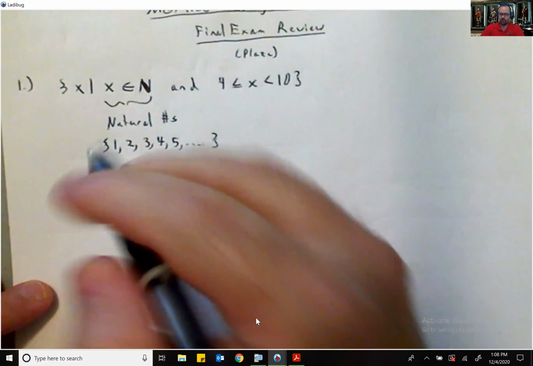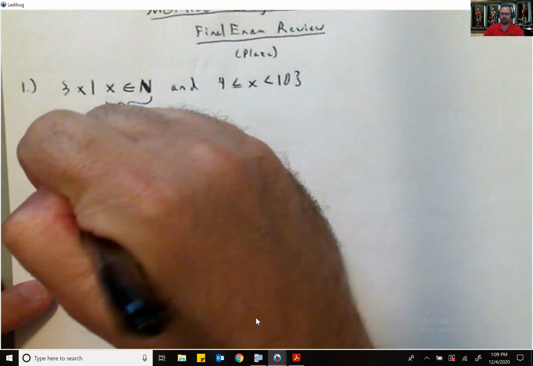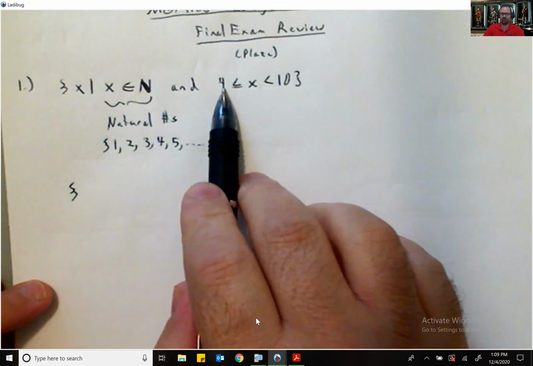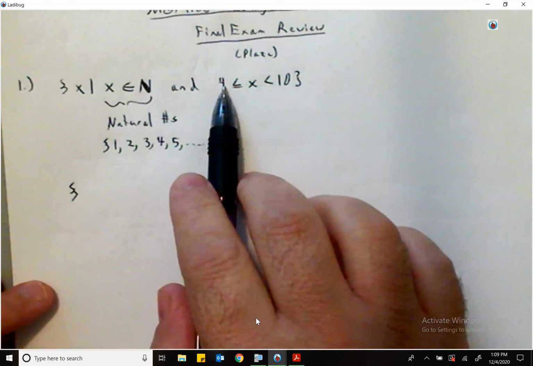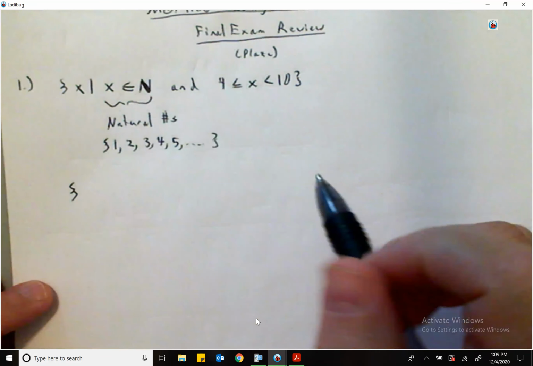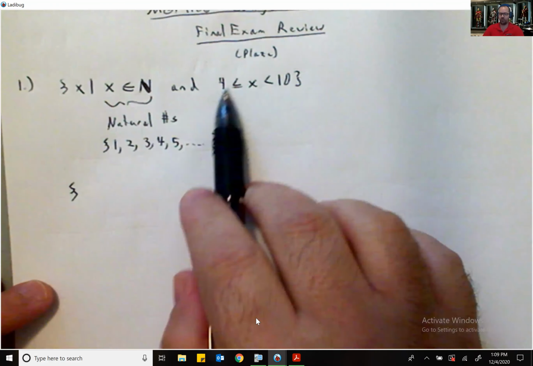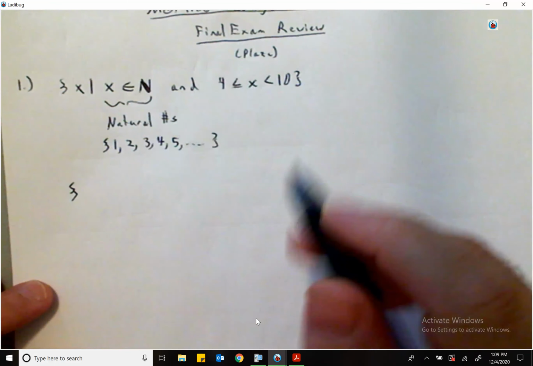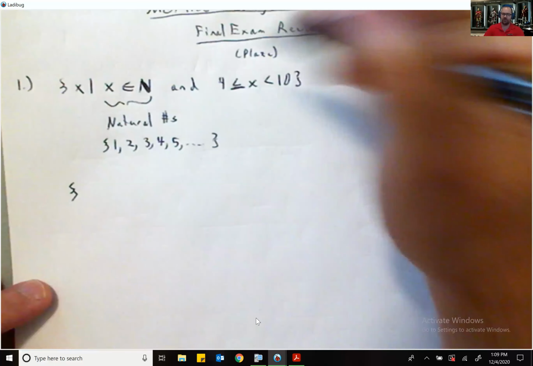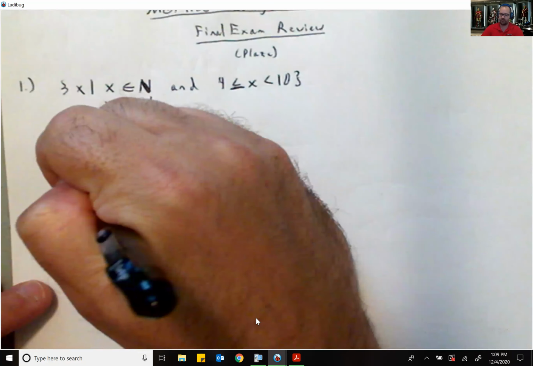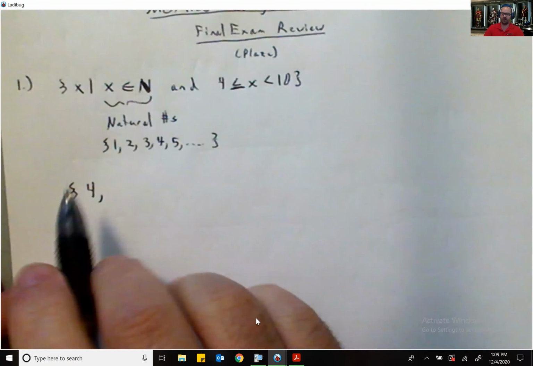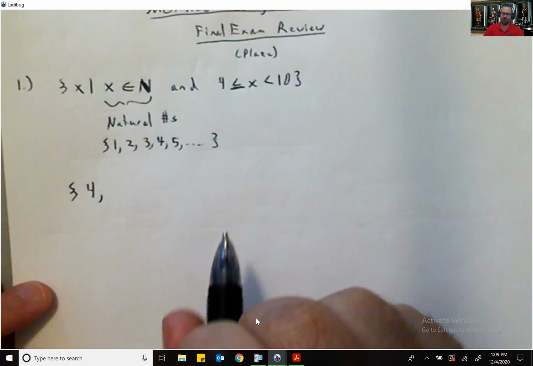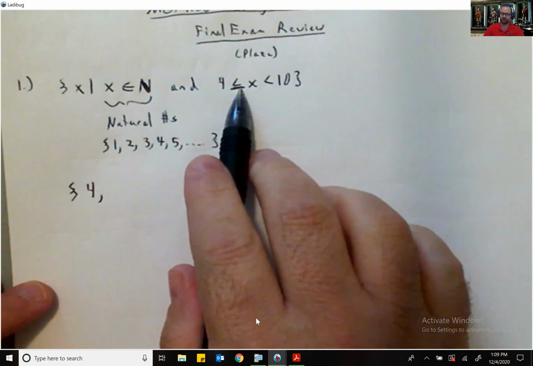So we know that we're going to start at the number 4. Or do we? So do we like the number 4? Yes, because we have that equal to under there. So we definitely do start at the number 4 and not at the number that's right above it, which is 5. So we know we start at 4 because we're equal to.